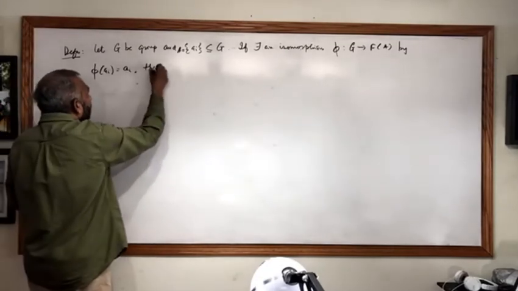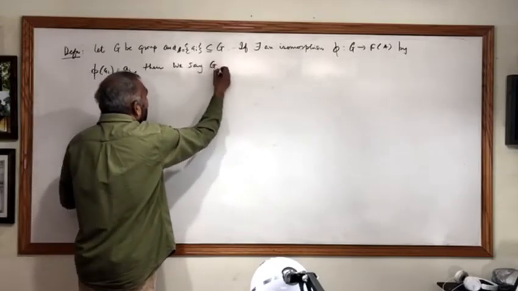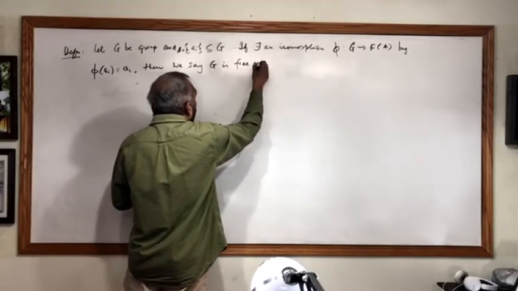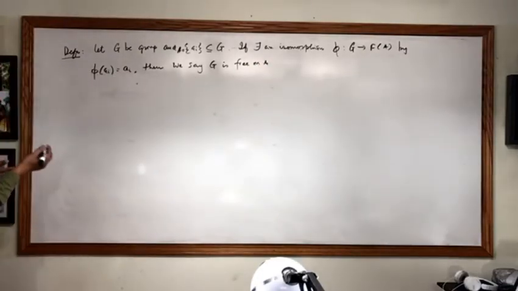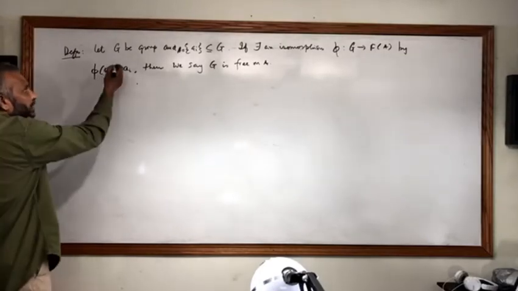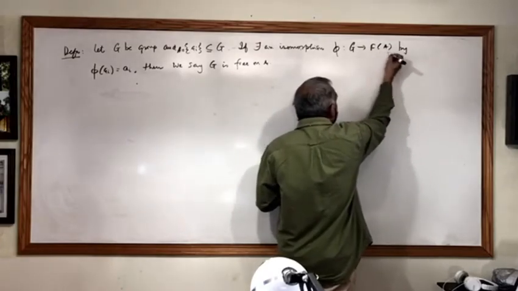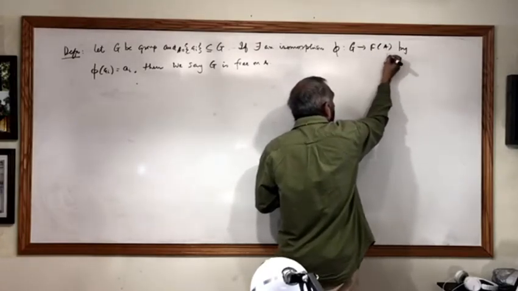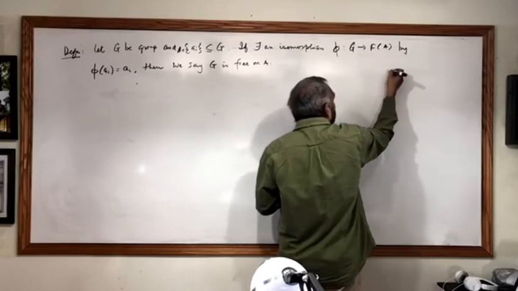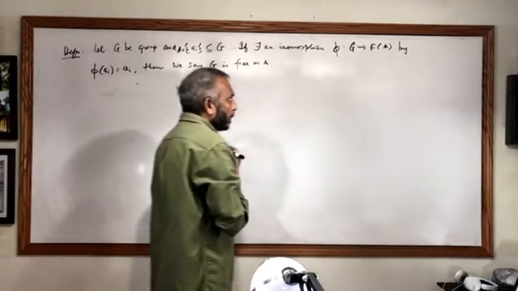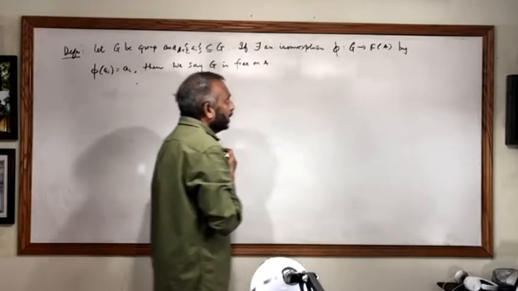So if there exists such an isomorphism, then we say G is free on A. It's a different way of telling the same thing. F(A) we defined as the set of words with the operation as juxtaposition of words, and the identity is 1.